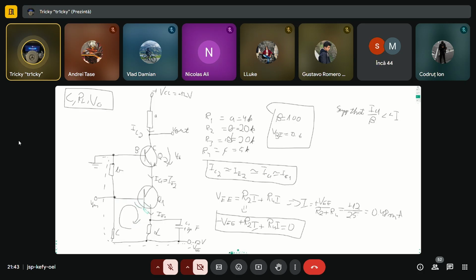This right here is VBE1, and it will go VBE1, IE1.